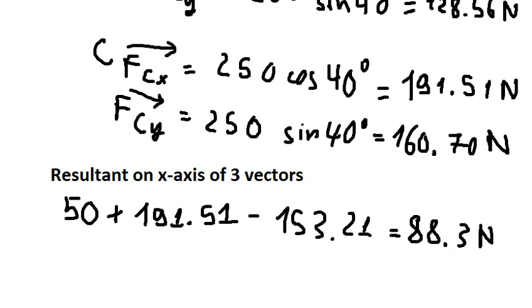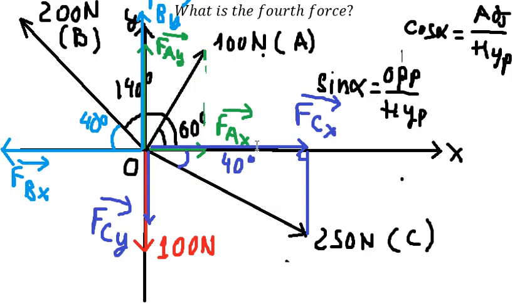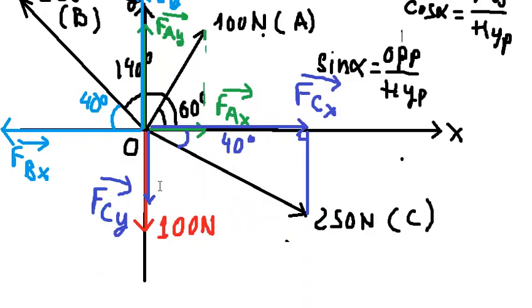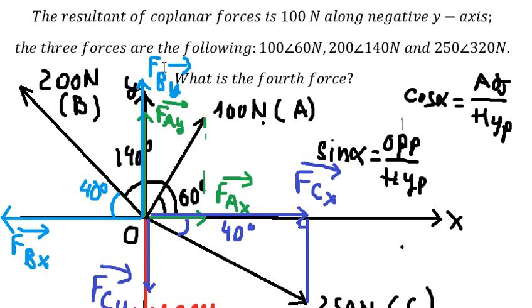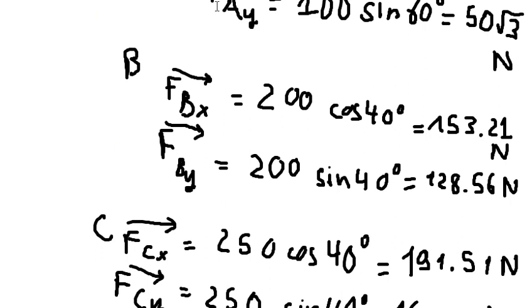Now the next one, we need to find the resultant on y-axis of three vectors. So we can see that FBY, FAY, they have the same direction, but FCY is the opposite. So we need to sum two vectors in here minus this one.